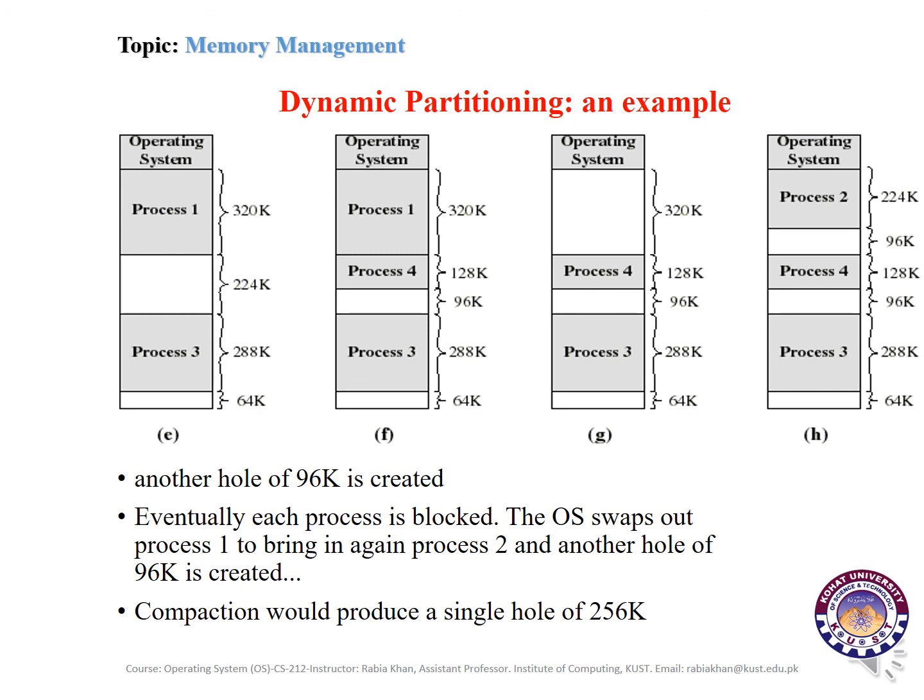Compaction, though a good technique, is expensive, as execution of all the processes stops, since memory addresses of processes are relocated. Processes are shuffled to move up in order to collect holes at the end of the memory. So memory addresses of all or some of the processes may be changed during compaction.